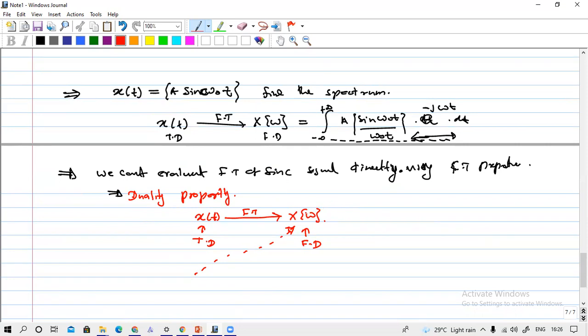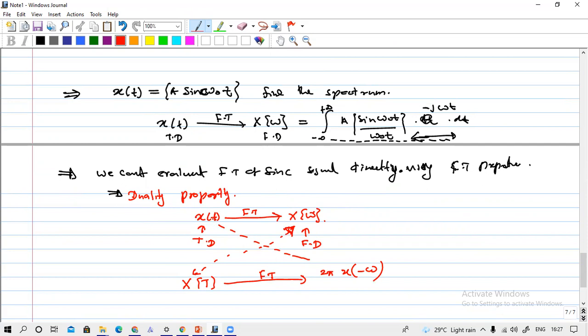And if, instead of omega, you put t here, it will be a time domain signal. So this frequency domain signal is converted into a time domain signal. Then if we find its Fourier transform, we get 2 pi x(minus omega).